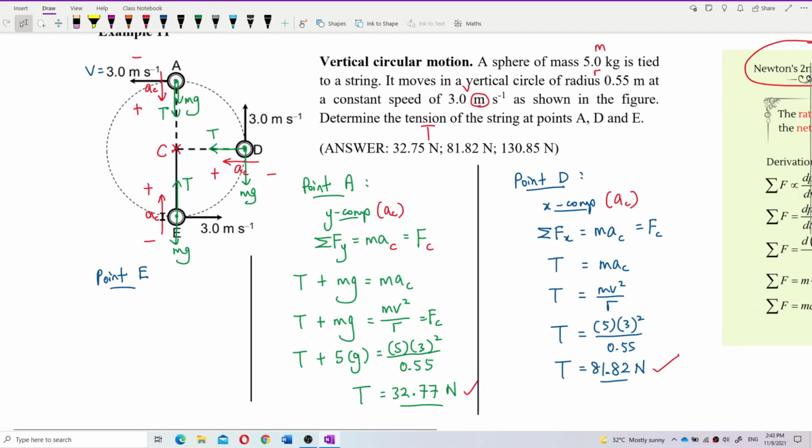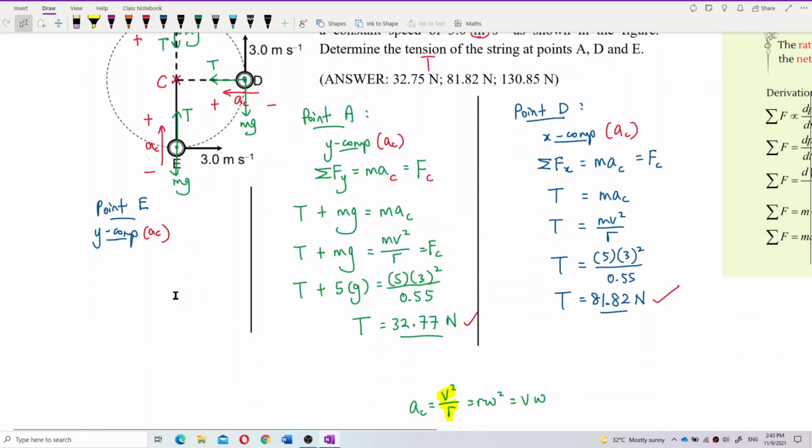So go back to these questions. For point E, our centripetal acceleration is in the y component, so we do the y component. Because where you have centripetal acceleration, you have resultant force there, and the resultant force is the centripetal force.